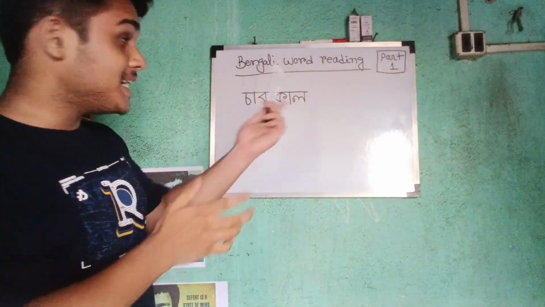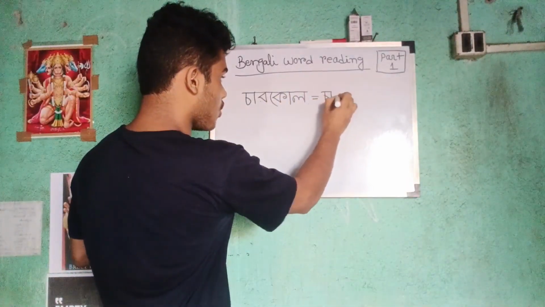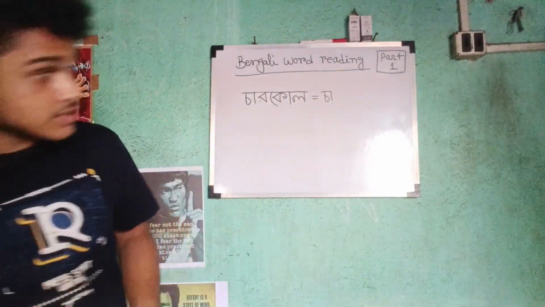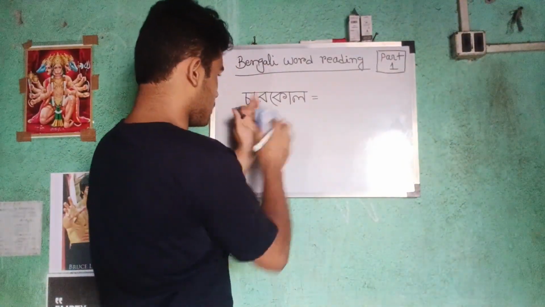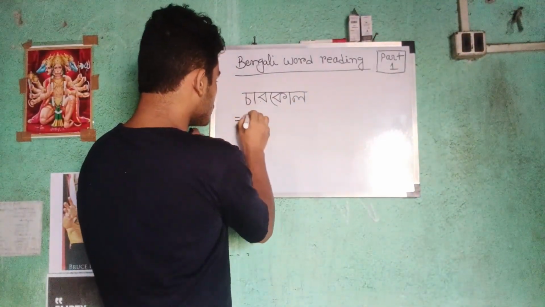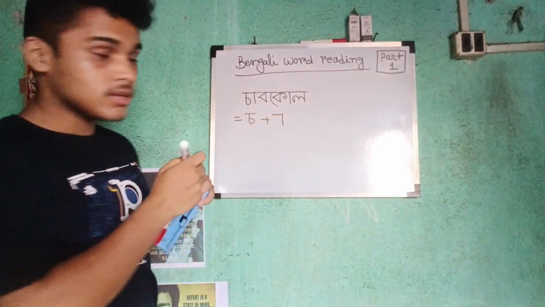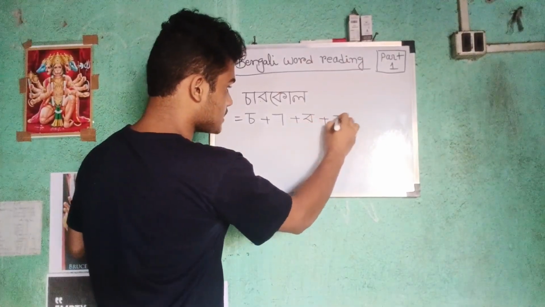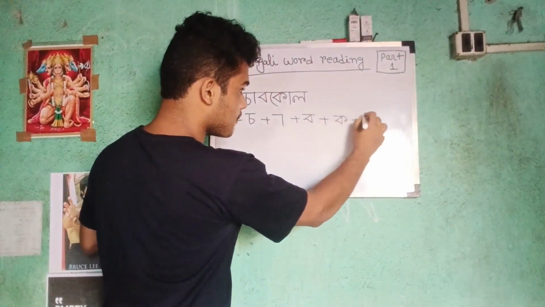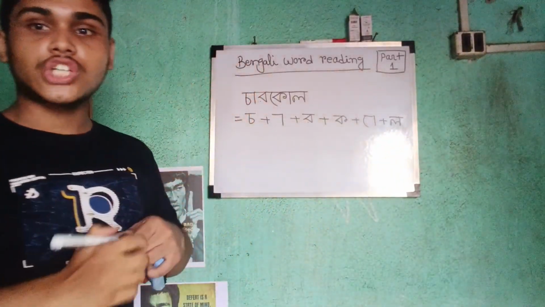And for splitting you can split like this: cha plus a, cha, plus ra, plus o, plus law. Charcoal.